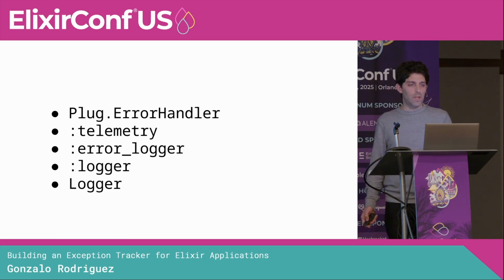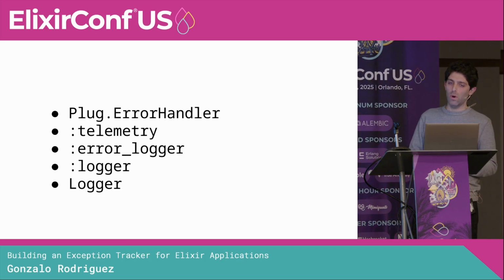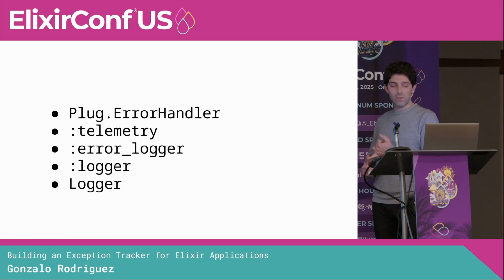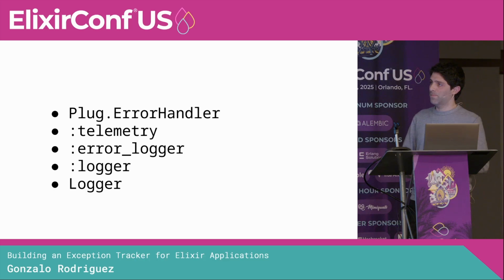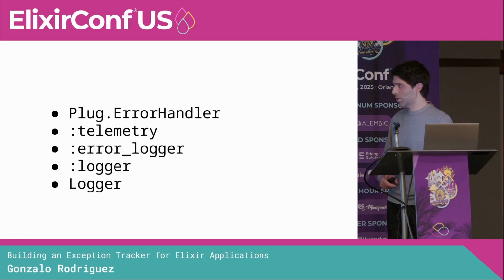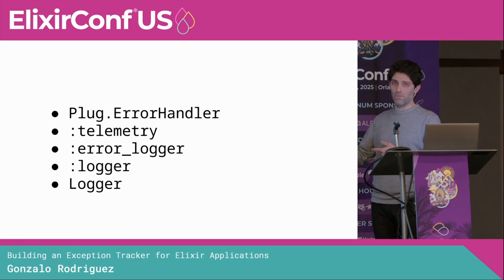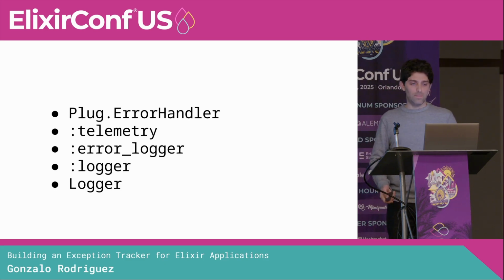So wrapping up, we learned a bit about how all these modules can be used to listen to exceptions in Elixir. Special thanks to the Erlang OTP and Elixir teams for their great work on improving the logging experience in the last few years, which made implementing Tower very easy for us.